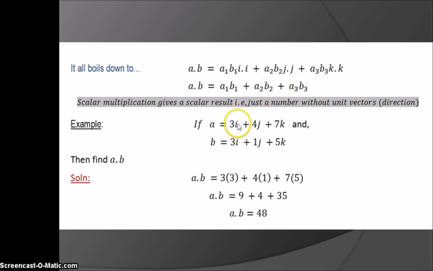Forget about the unit vectors, because after performing the dot multiplication, they all become 1. So in scalar multiplication, we are going to have a scalar result.